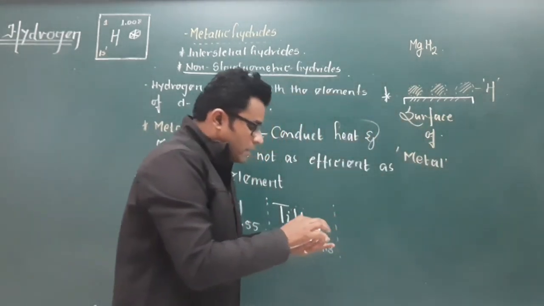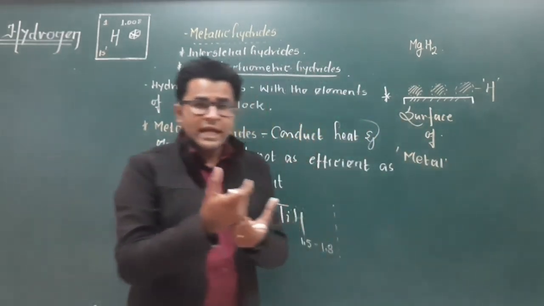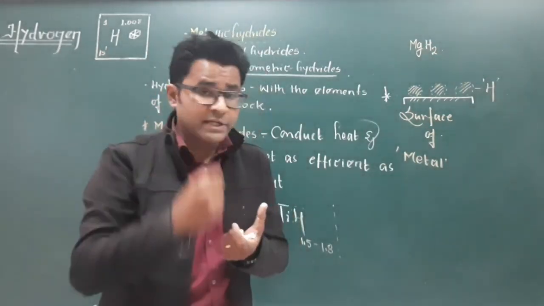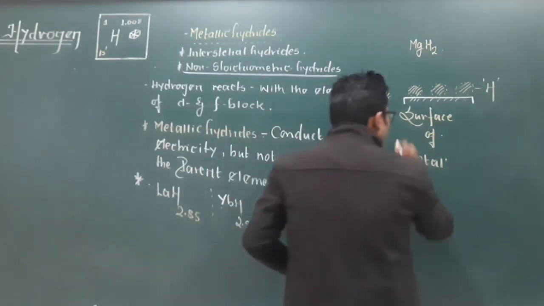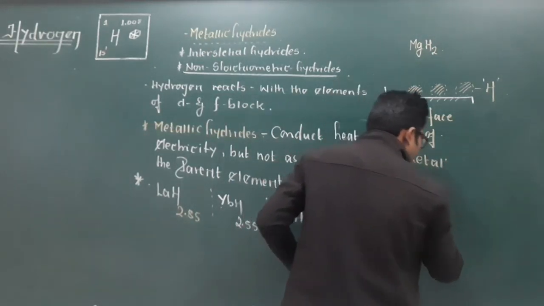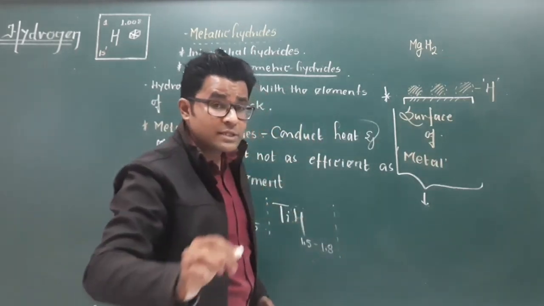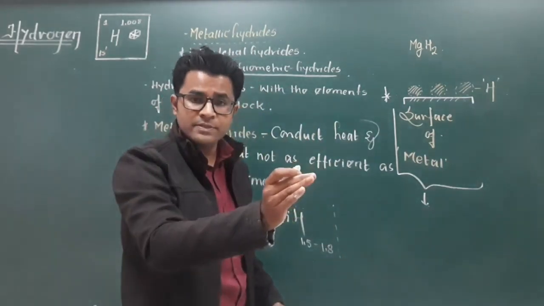Okay, so now when we take a metal which has a property of adsorption and which adsorbs hydrogen effectively, these kinds of metals are taken for applications such as selective reductions.